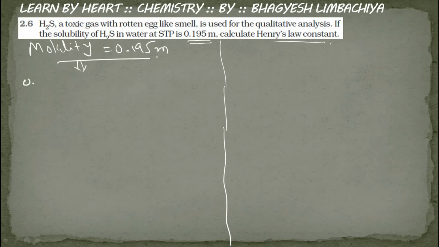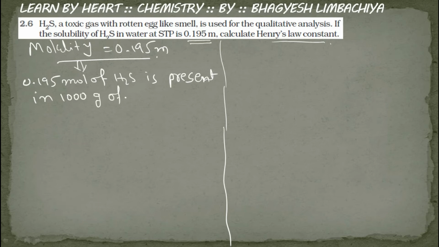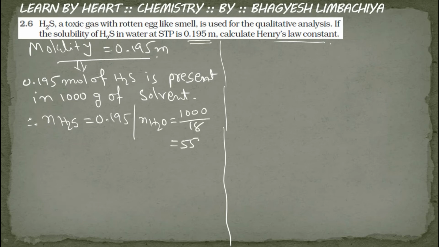It means 0.195 mole of H2S is present in 1000 gram of solvent. So the number of moles of H2S is 0.195, and number of moles of water will be 1000 by 18, it is 55.55.